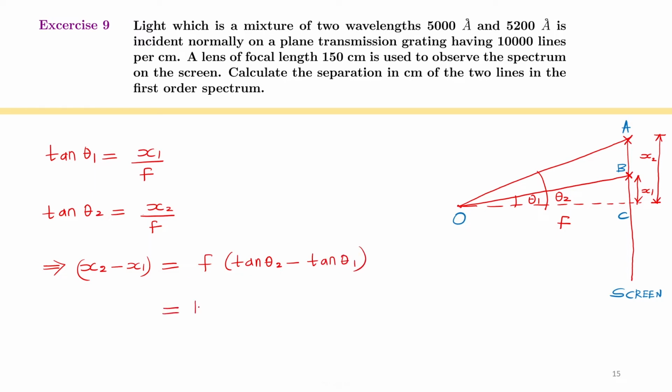And this is 150 times (0.6068 minus 0.5774), which is 4.7 centimeters. That is, the two spectral lines in the first order spectrum are separated by a distance of 4.7 centimeters.